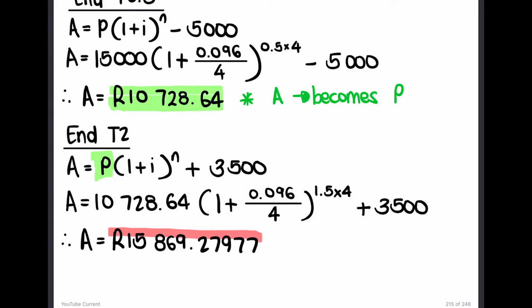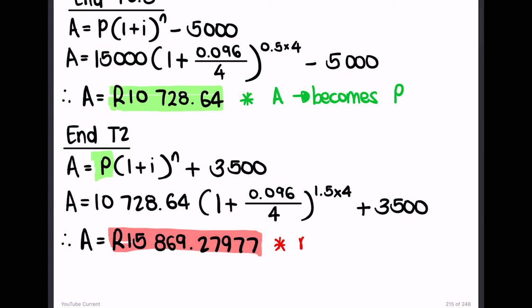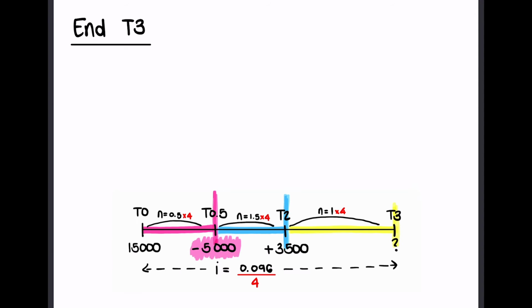This A value that I've now just created over here is now going to be my new P. So now I'm going to do my final calculation, which is the final term, term 3. Now, at term 3, you can see on the diagram, nothing is being added, nothing is being withdrawn, which means that I'm just going to finish it up using my P value.